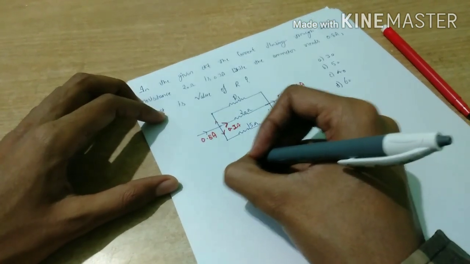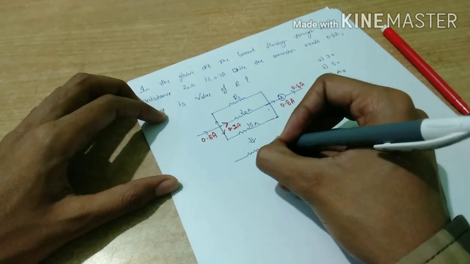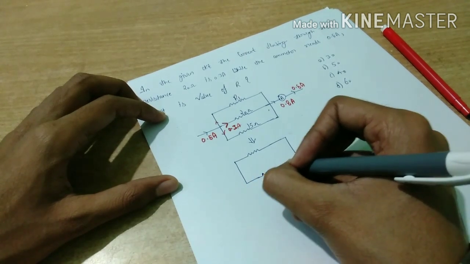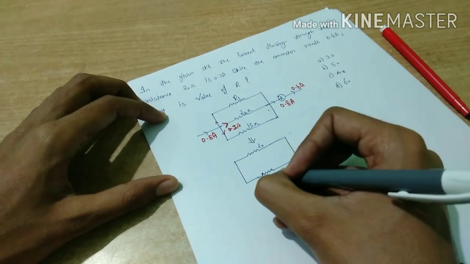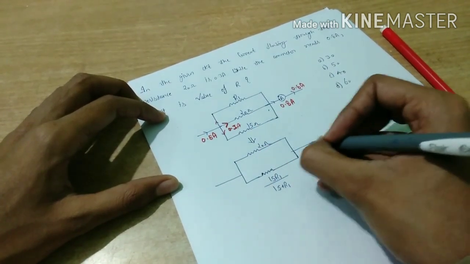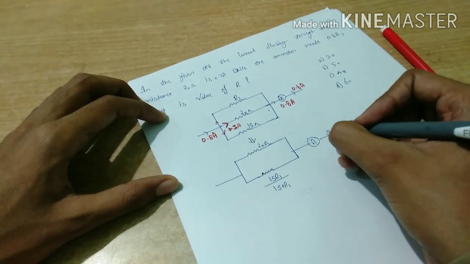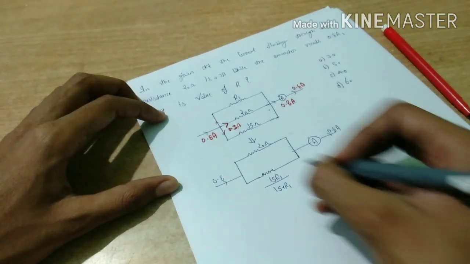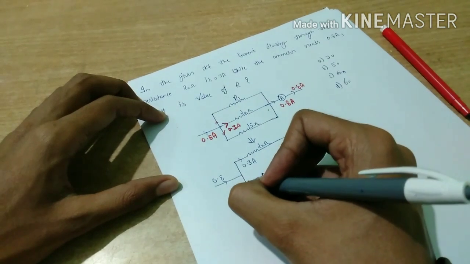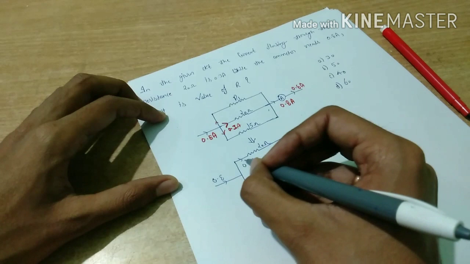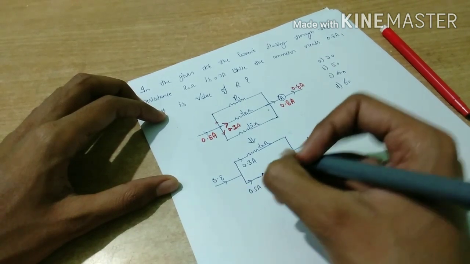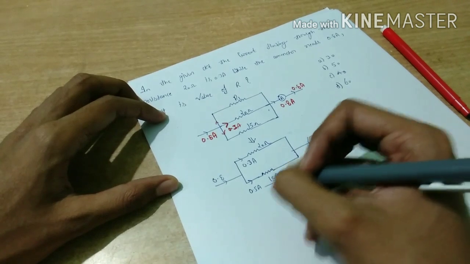Firstly, we clearly see that 15 ohm and R1 are in parallel combination of each other. 15 R1 divided by 15 plus R1. 0.3 ampere flows from 20 ohm, and out of 0.8 ampere, the remaining current is 0.5 ampere flowing from the parallel combination of these two.